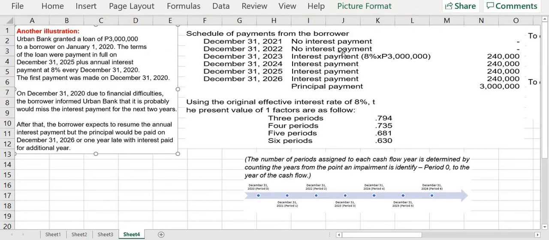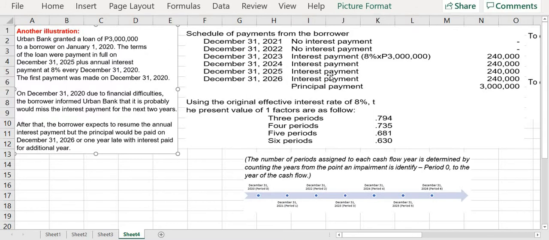Diba magre-resume, sinabi ni borrower kay Urban Bank na magre-resume ang interest payment pagka 2023 na. Okay? So, interest payment in 2023 is 8% times 3 million, of course. Okay, that's 240,000. For 2024, babayad siya ng interest. 2025 also. Okay, and remember na na-move in 2026 ang payment ng principal.